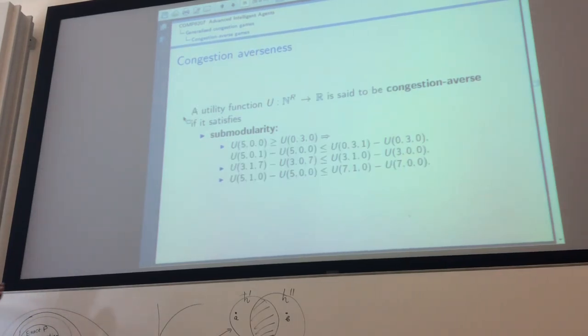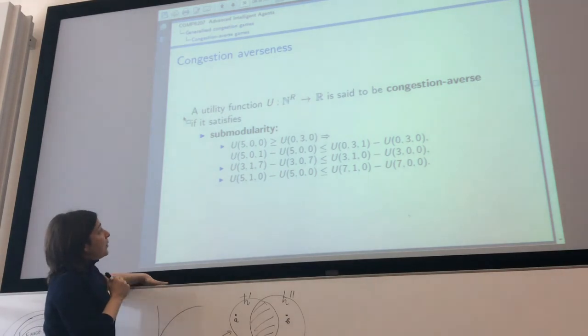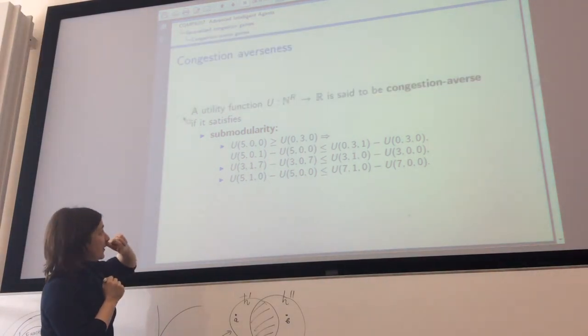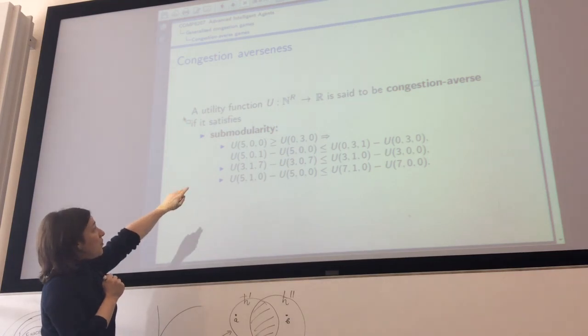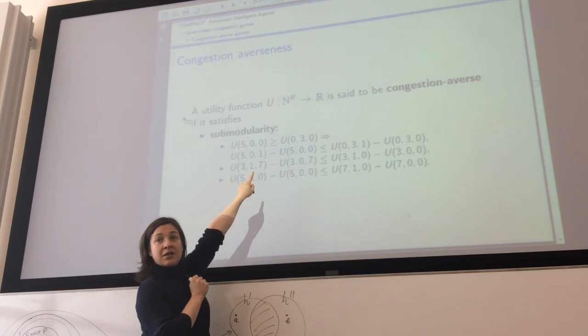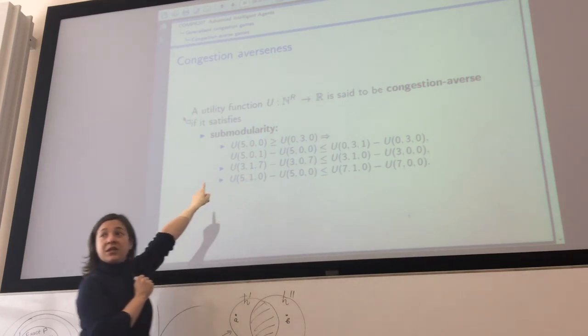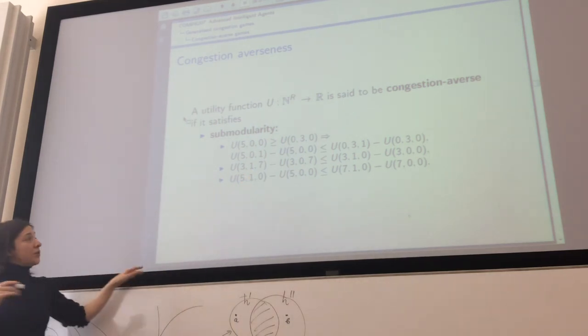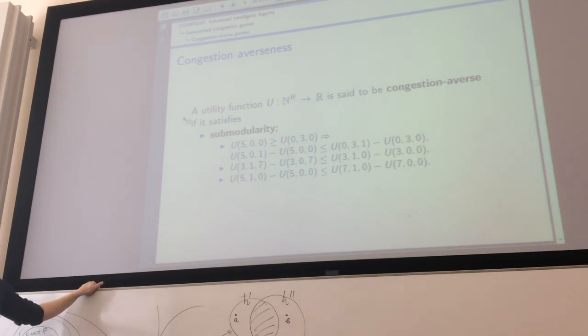Those are particular examples for these three strategies. So in the first case, we compare between adding resource 2, right? We know that we prefer using resource 2 under congestion 3 to using the first resource under congestion 5.